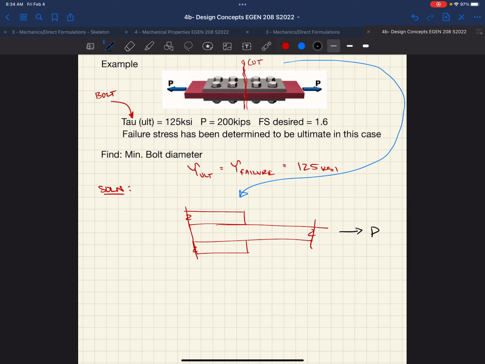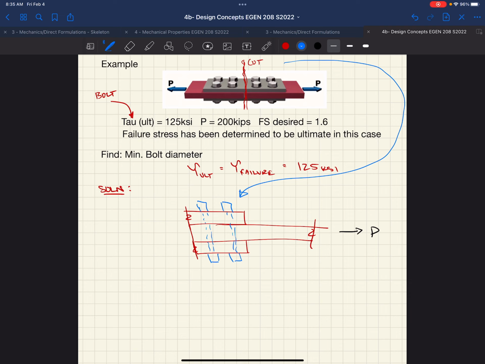Our externally applied loads is P. We're going to have 4 bolts, but if we look at this in section, we're only going to see 2 of them, right? These bolts are going to extend between our plates like that.